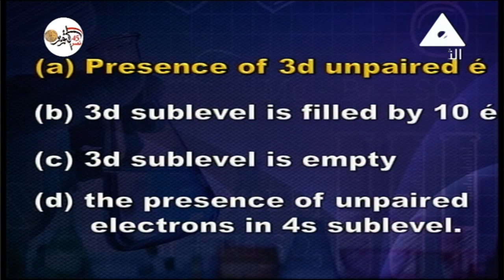Remember, my dear students, the unpaired electrons make the property of the element in the color. It will be colored and also paramagnetic. Without finding unpaired electrons, if all the electrons are paired, or the d sublevel is empty, it will be colorless and diamagnetic.